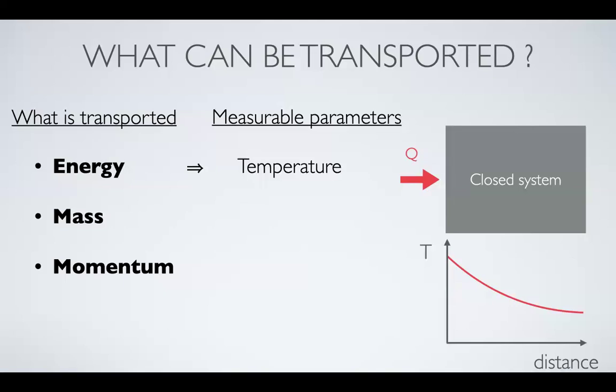If this spot and this spot have the same temperature, energy will not be able to transport. So there must be a gradient or difference in the measurable parameters so that these three things can be transported.